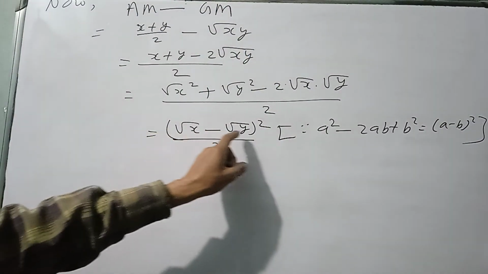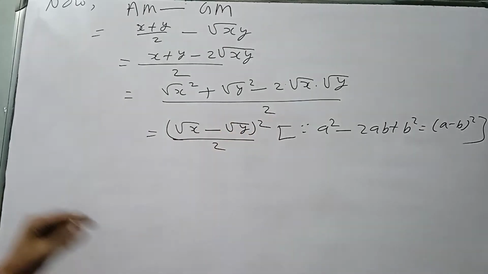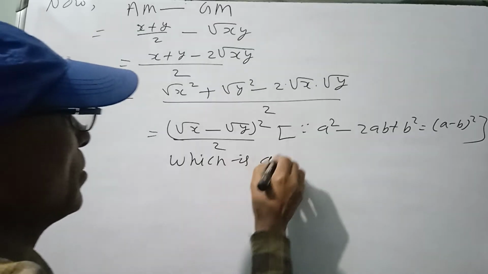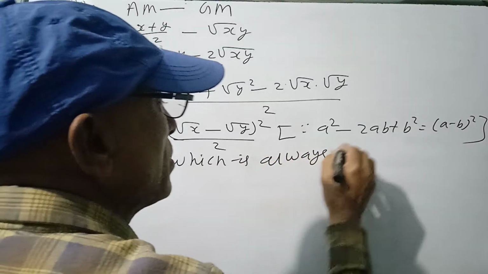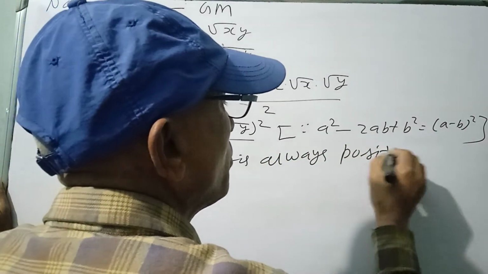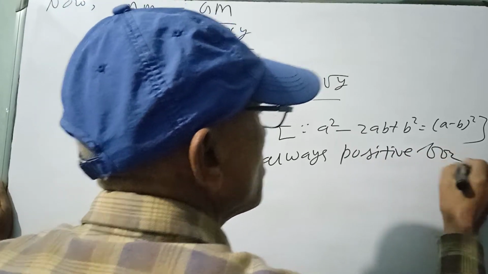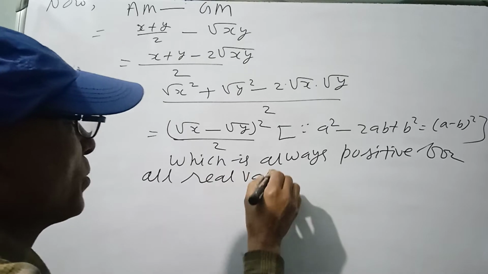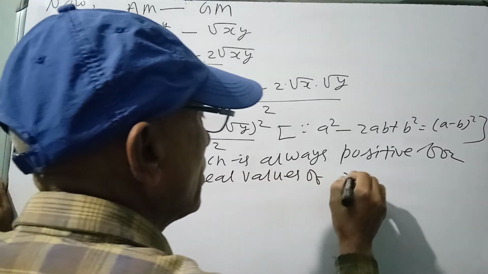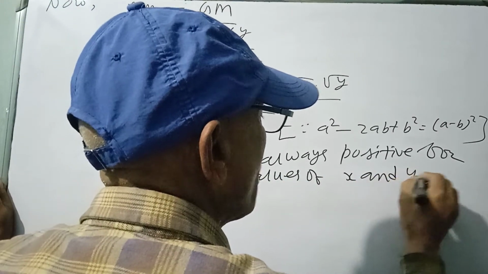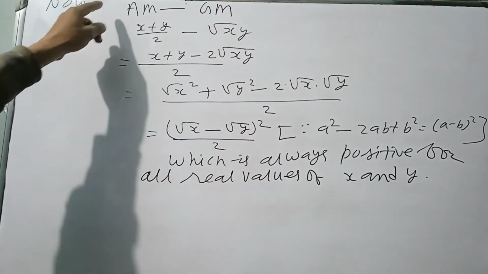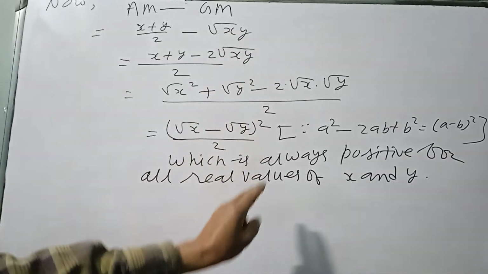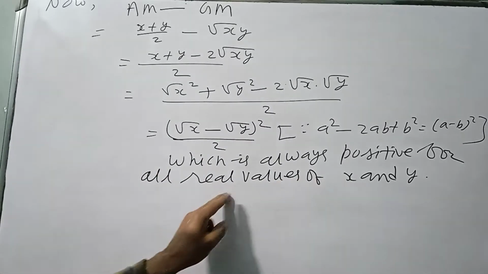Root x minus root y whole square is always positive for all real values of x and y. This is positive, which means AM minus GM is positive because x and y are real and unequal.